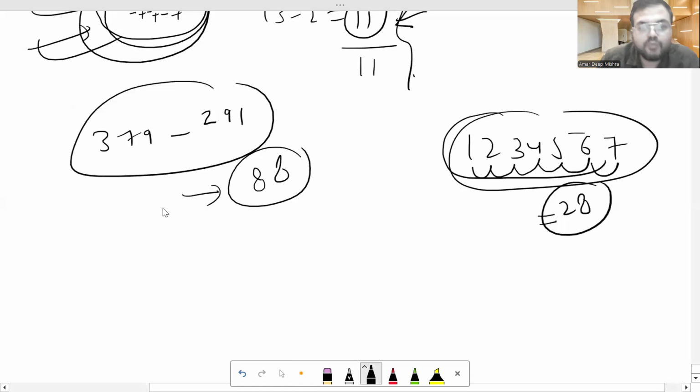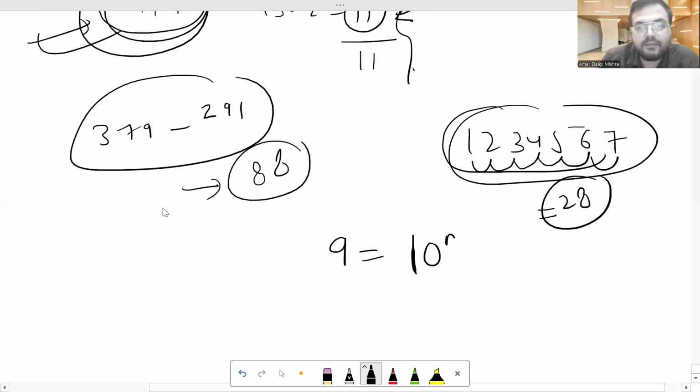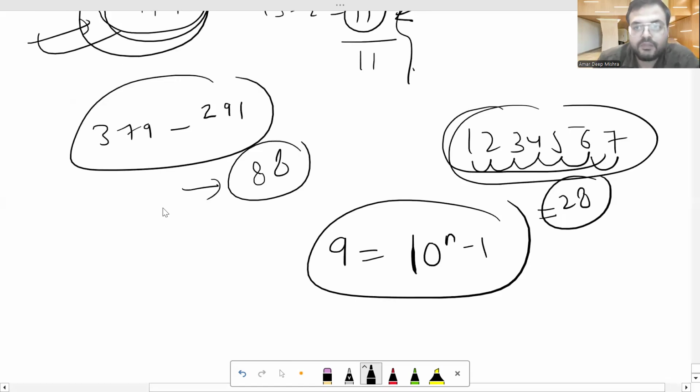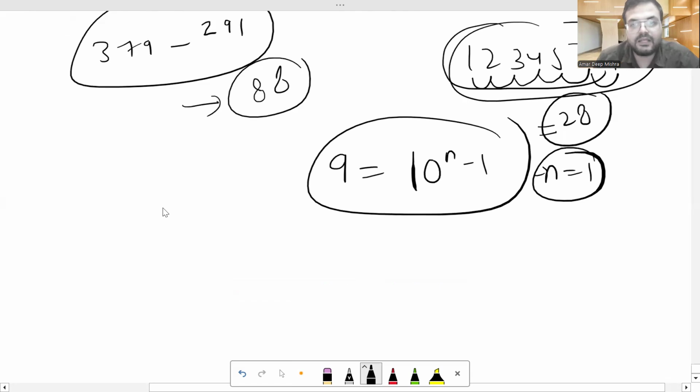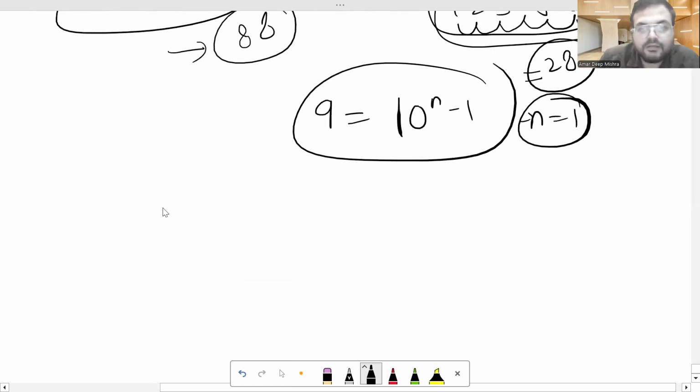Now, 9 is what? 9 is 10 power n minus 1. This is the format. If I put here n equals 1, I will be getting 9. Similarly, if I put n equals 2, what will be 10 power 2 minus 1? That is 99.